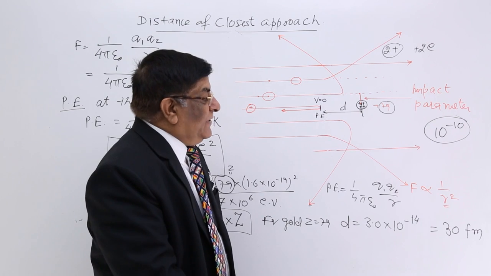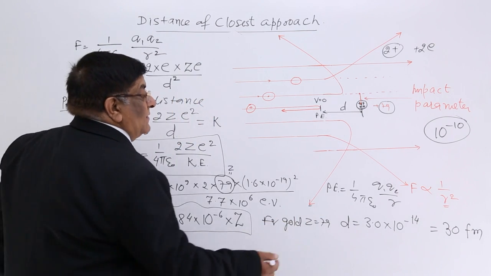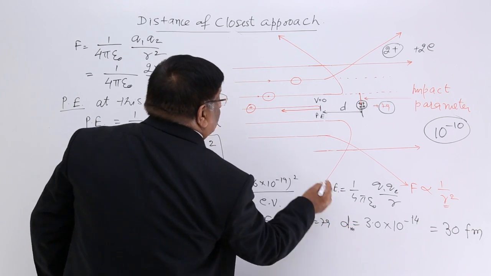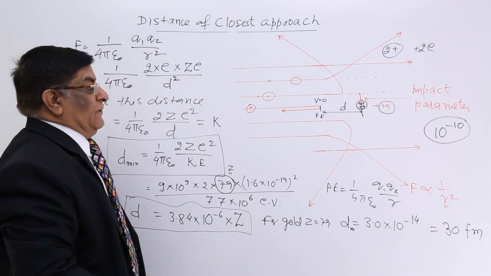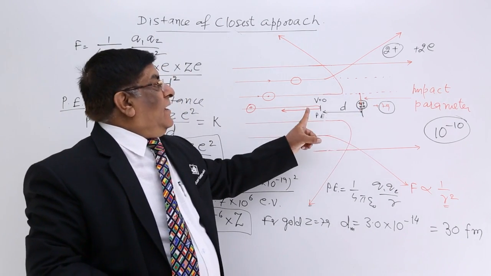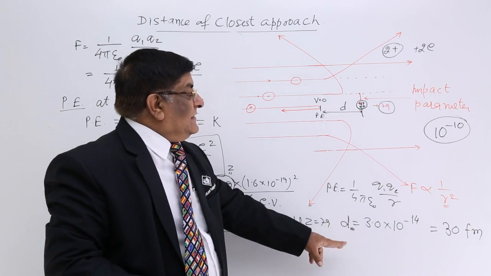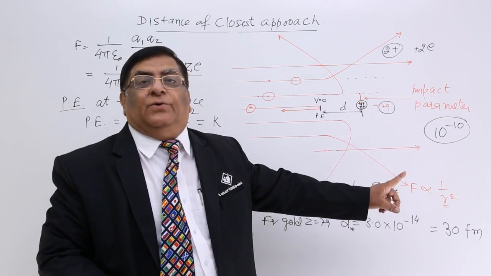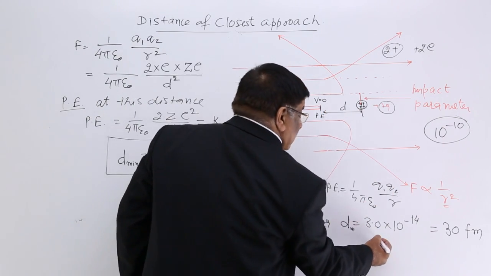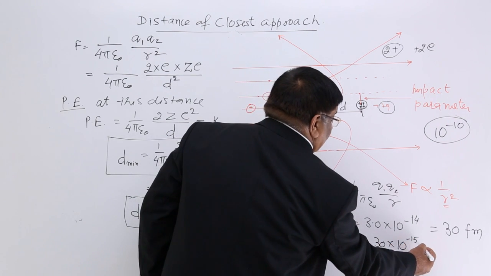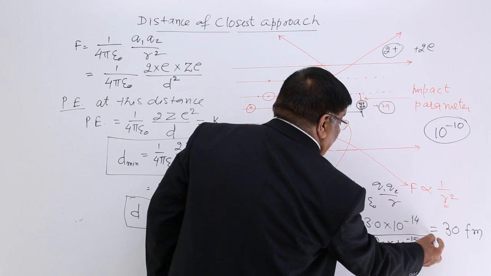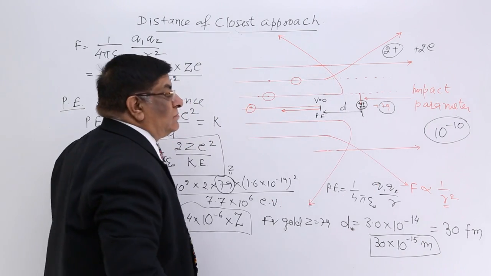So 30 femtometer is the closest approach of alpha particles for gold nucleus. Gold nucleus, alpha particle, this distance is 30 femtometer, and that means 30 into 10 to the power minus 15 meter.